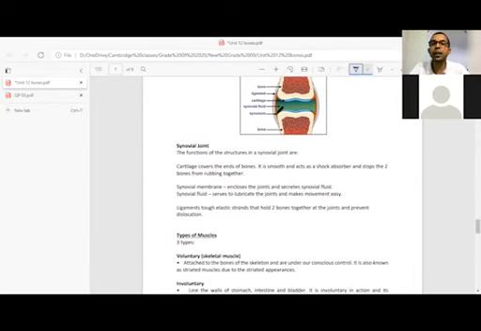The synovial membrane secretes the synovial fluid. The synovial fluid then lubricates the joints and makes the movement easy. Remember, there is cartilage and synovial fluid. Cartilage is a shock absorber. Synovial fluid makes the movement easy by lubricating the joints, right?